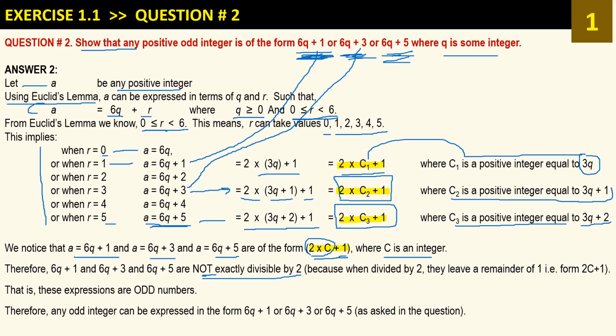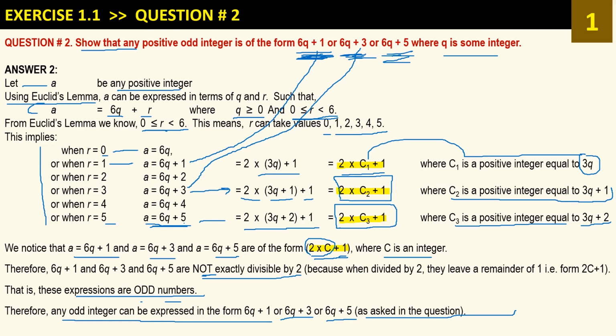So these are expressions of odd numbers. Therefore, any odd integer can be expressed in the form 6q plus 1, 6q plus 3 or 6q plus 5, as asked in the question.